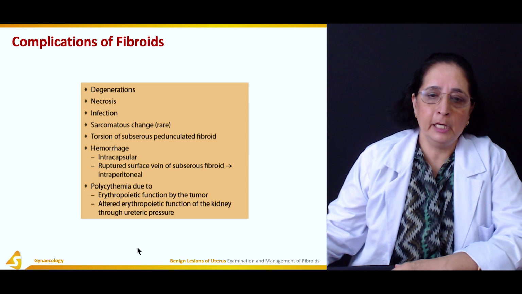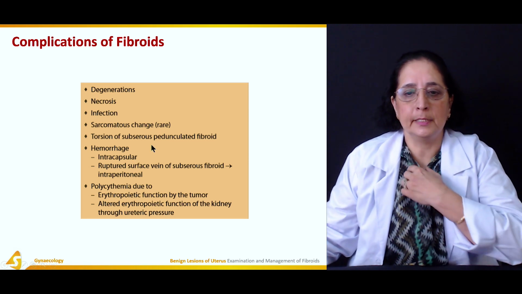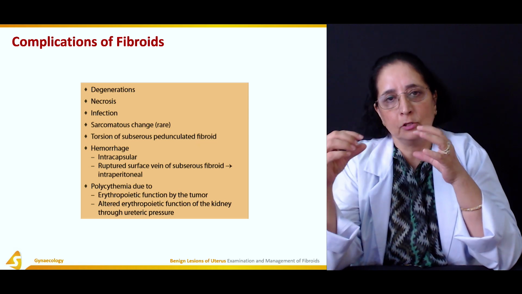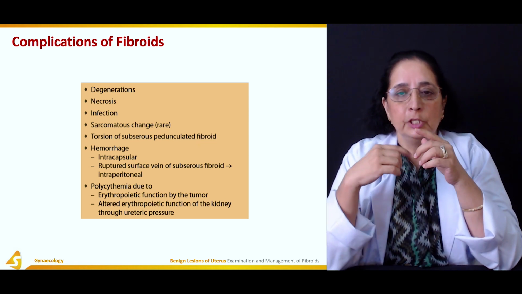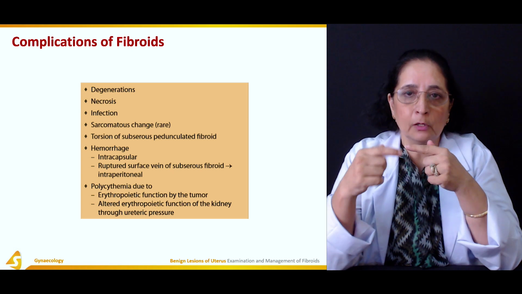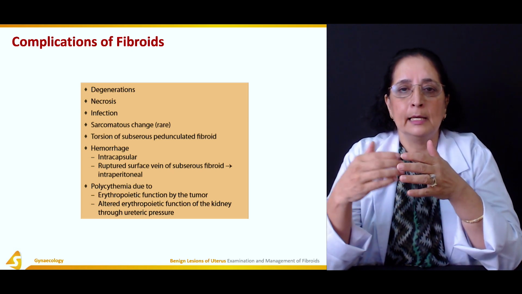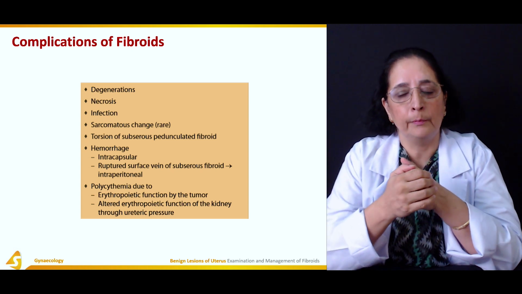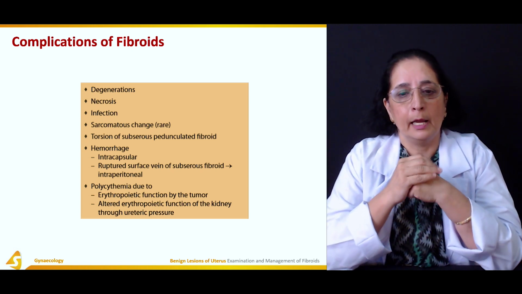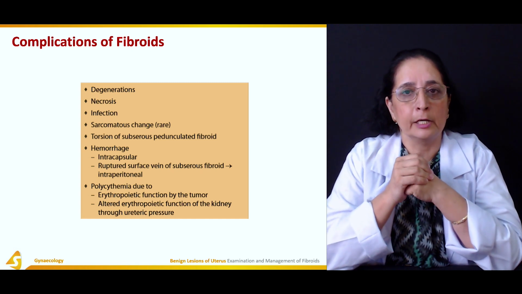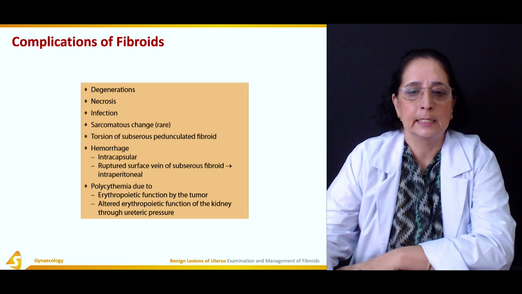Then there might be a torsion of subserous pedunculated fibroids. Fibroids which have a stalk attached to them, the torsion or twisting of those fibroids is common, and this can lead to decreased supply of blood to the fibroid and cause different complications like necrosis or death of the cells.